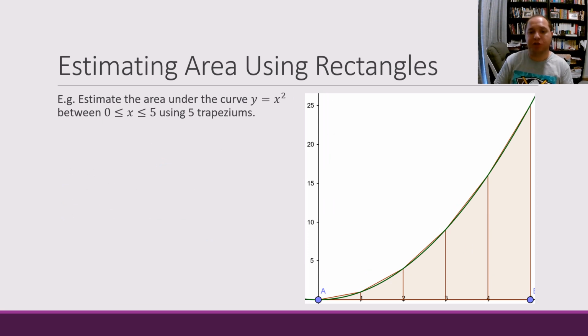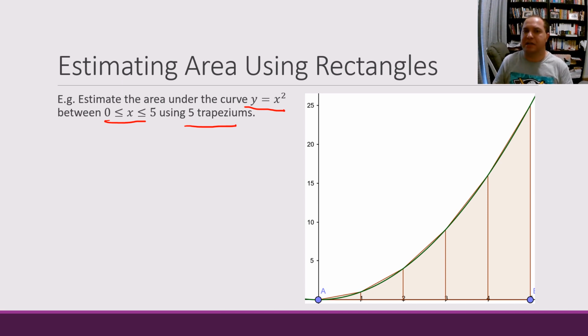Alright, so in this example, students, we want to find the area underneath this curve, y equals x squared, between 0 and 5, and we're going to use 5 trapeziums to do so. There's my interval, there's my function, and there's the number of trapeziums I need to use.